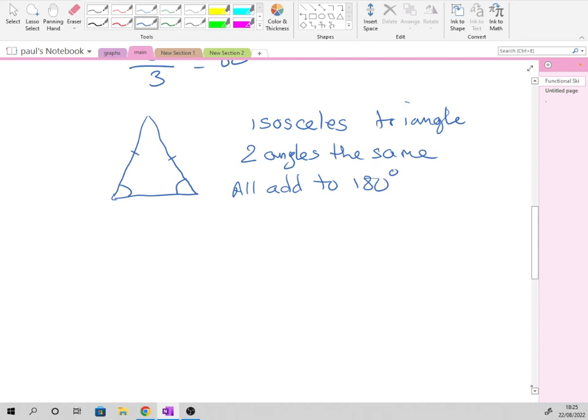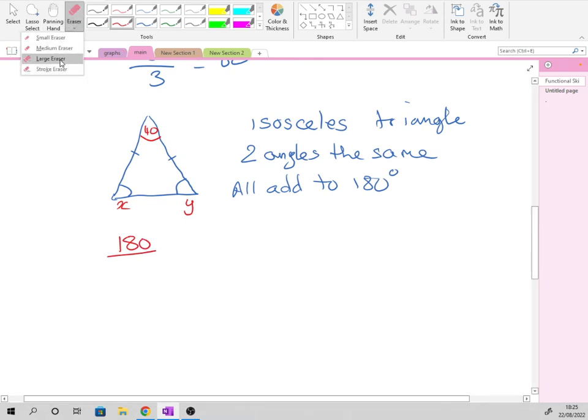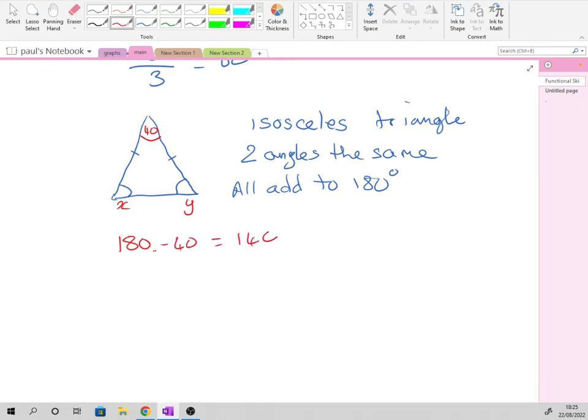Now, if we say that this angle up here is 40 degrees, what is angle, I call it angle X and angle Y. Now remember, they all add up to 180. So 180, take away the 40 that we know about, equals 140.